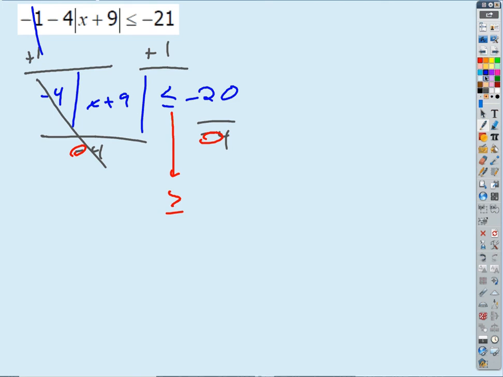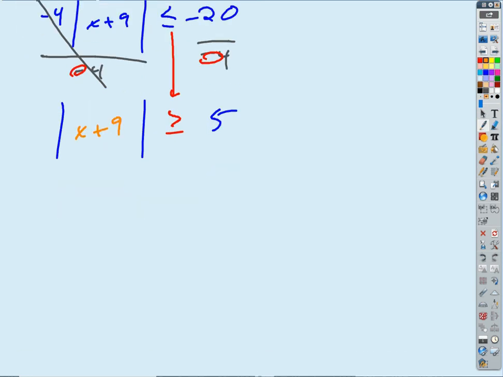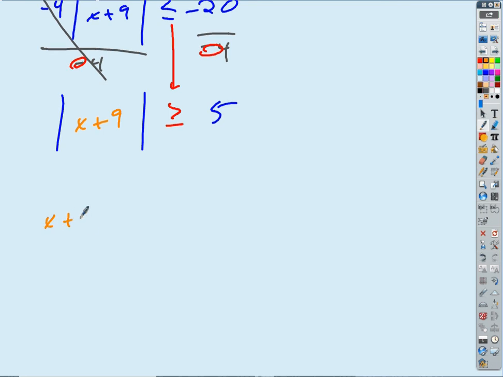So then I get the absolute value of something is greater than or equal to negative divided by negative is positive. And now whatever's inside, now what? And or? It's or, isn't it? Whatever's inside is either going to be greater than or equal to +5, so it's going to be really far, big distances.